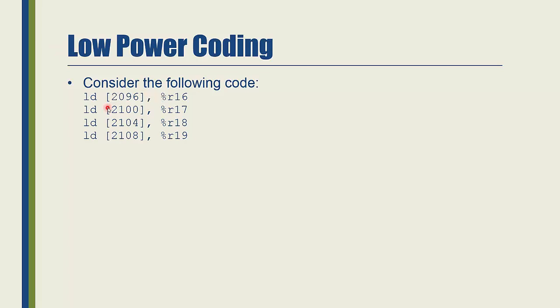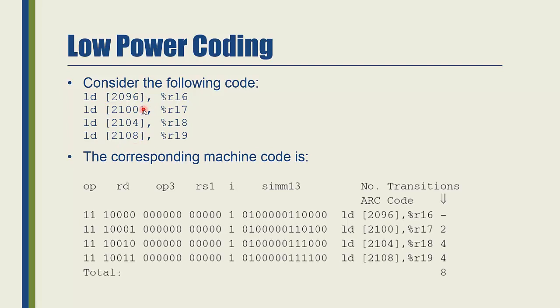Let us consider these 4 lines of load assembly instructions. The 4 load instructions are totally independent of each other. They are all using different registers and different memory locations. And let's say this is how the manufacturer of the microprocessor maps the machine code from the assembly code. For example, the registers 16, 17, 18, and 19 are encoded in these 5 bits.